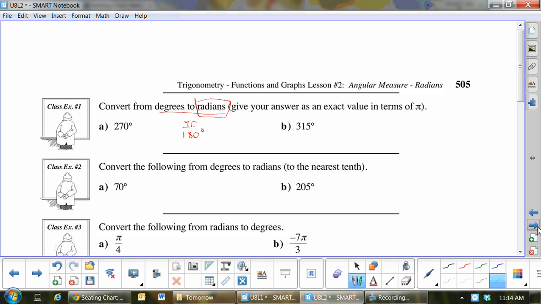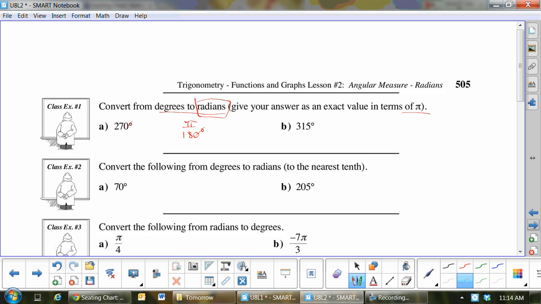So this makes sense because here there's a degree in the top, degree in the bottom. Okay? So now I don't have to memorize anymore. Just make sure I don't go 180 over, because then I would get degree squared. And we're not doing any degree squared this year, so you don't have to know that one. So the 270 over 180, we're actually going to be in terms of pi.